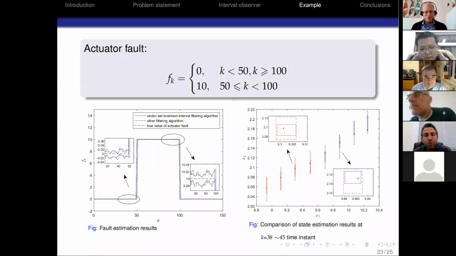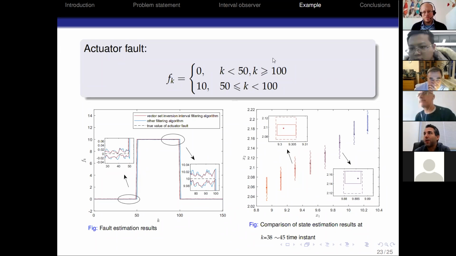Yeah, the algorithm that we compared with is in Zhenghua's paper. He published it in the International Journal of Adaptive Control and Signal Processing in 2015. The title of the manuscript is Actuator Fault Estimation Observer Design for Discrete Time Linear Parameter Varying Descriptor Systems.